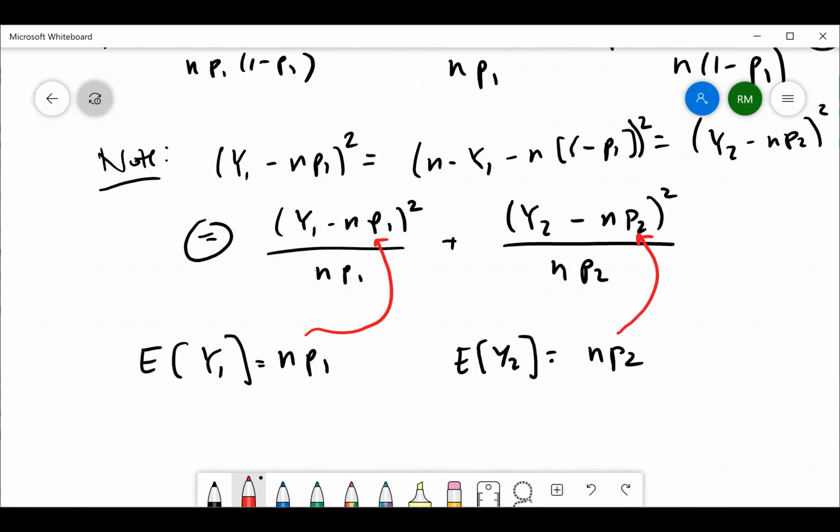So the numerators of these two expressions are basically showing you how much the actual number of successes differs from the expected number of successes squared, and the same for failures. So each numerator consists of the square of the difference of the observed number versus the expected number. So this would be the observed number of successes, and this is the expected number of successes.